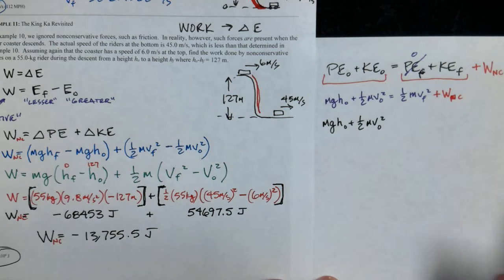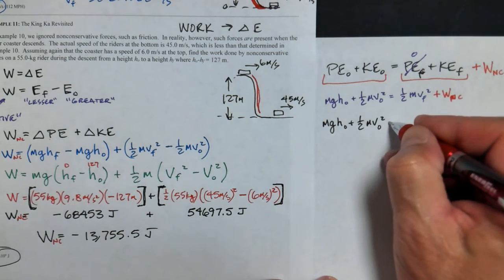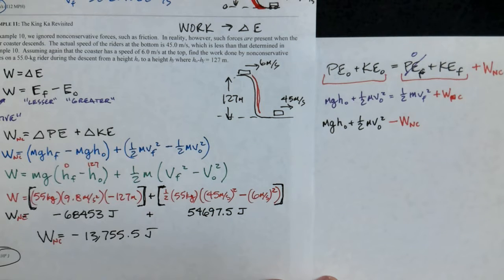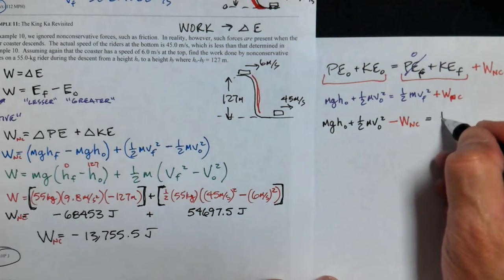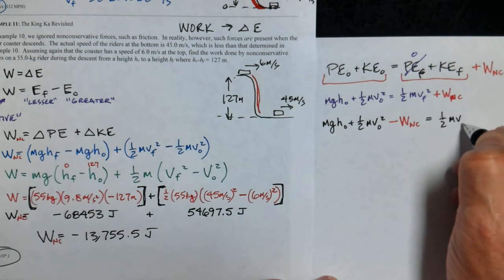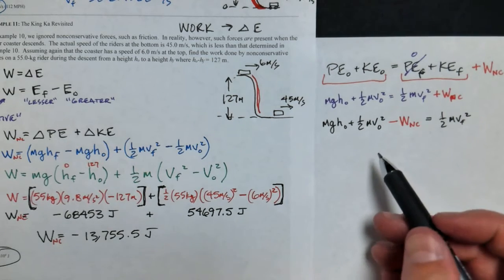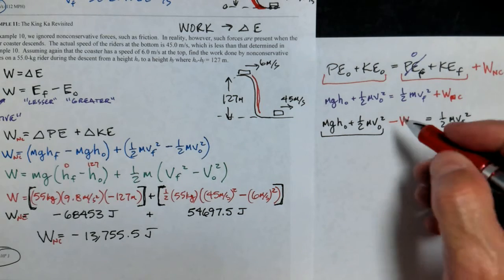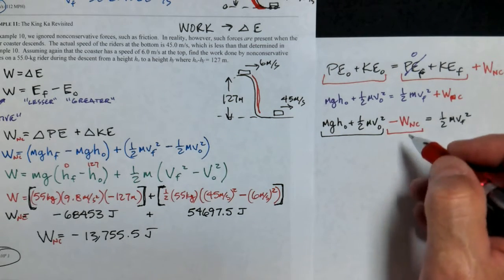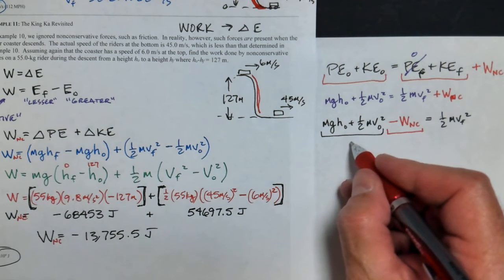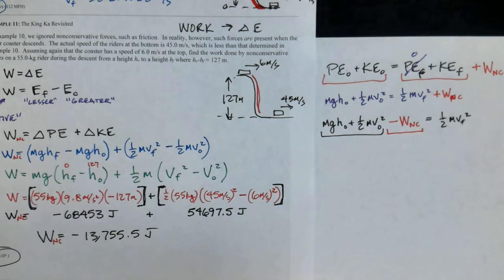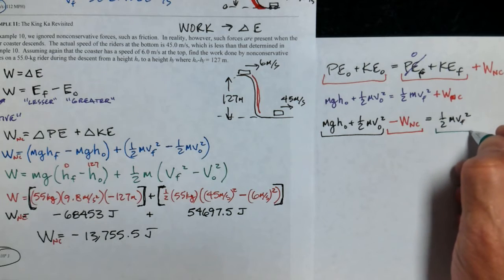So if we just algebraically take this over to the other side of the equal sign, that's minus Wnc, and that's going to equal 1/2 mv final squared. So if you look at it this way, you've got the total energy at the beginning, subtract out the work done by friction. So this number of joules over here, subtract this number of joules over here, and you end up with this number of joules over here.